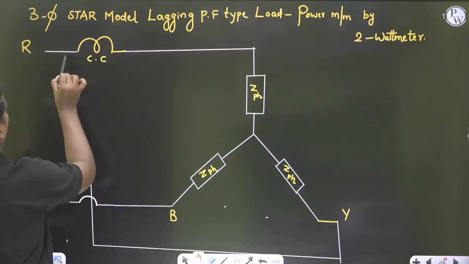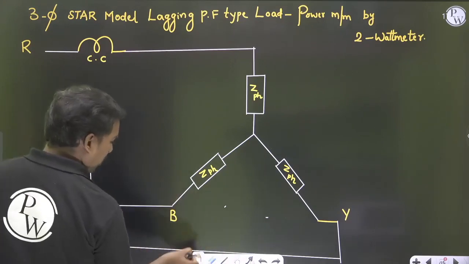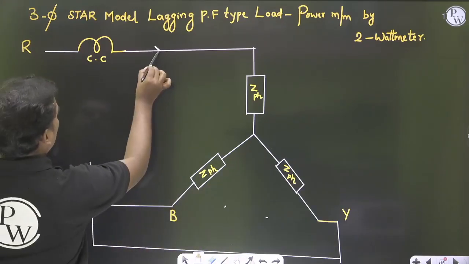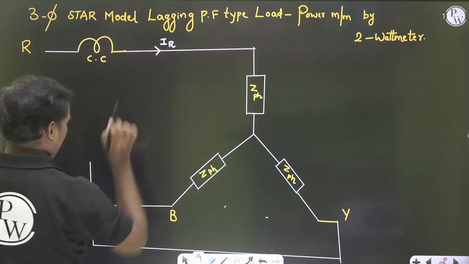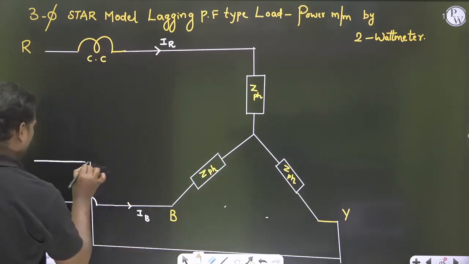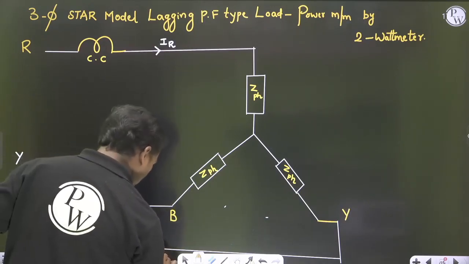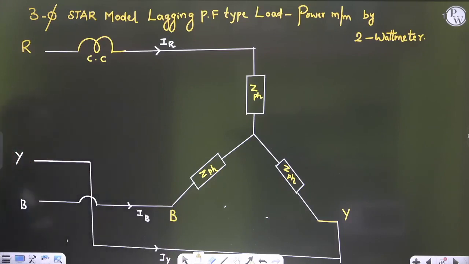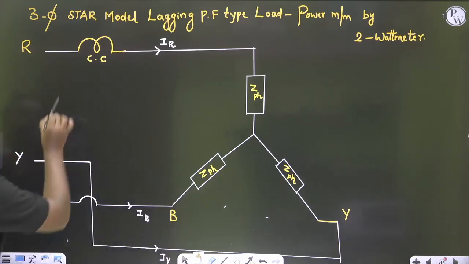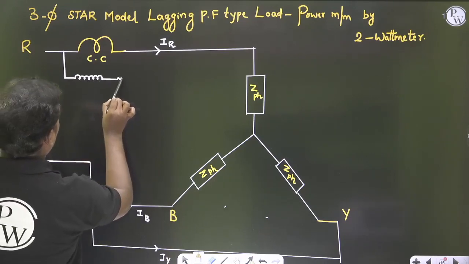So first, this is the current coil, and here I am connecting the potential coil. So now let us see, this is the IR, this is our IB, this is the Y sequence, this is the B sequence, so these are IY. Now here I am connecting the potential coil.